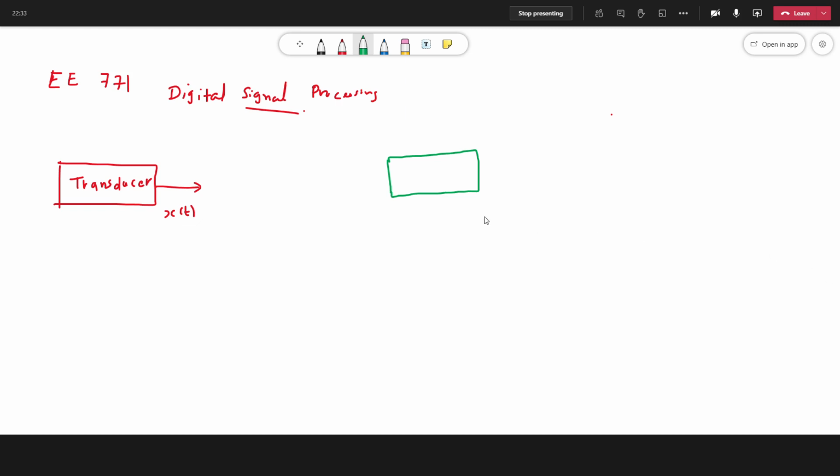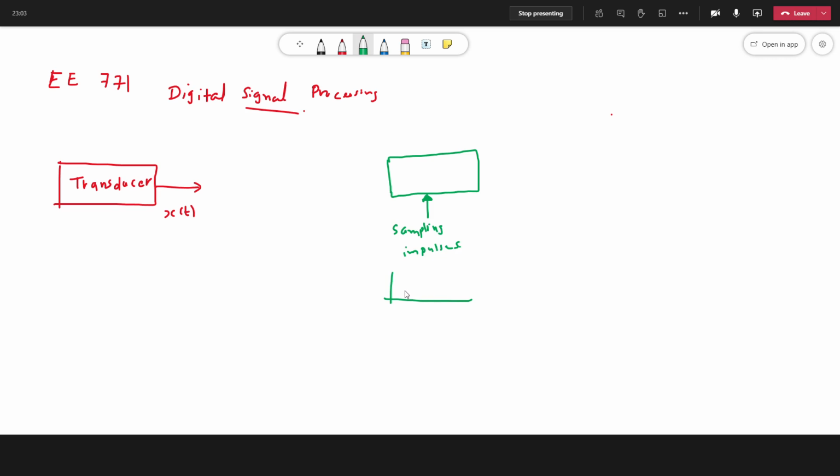So I need to evaluate the signal at moments separated by the sampling interval Ts. So such a hardware block will require sampling impulses.